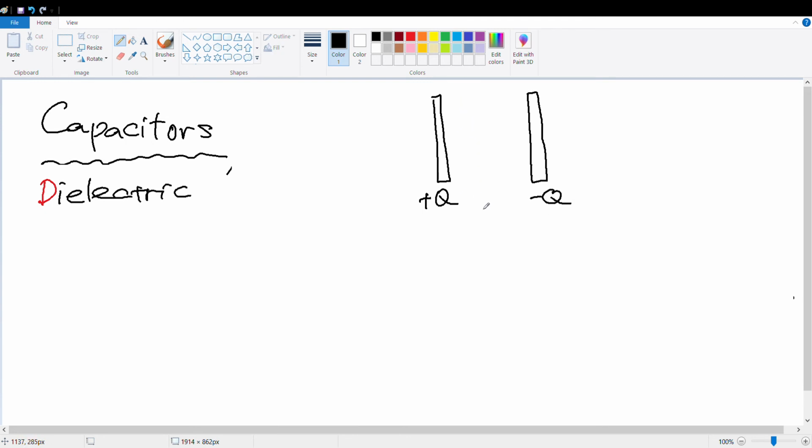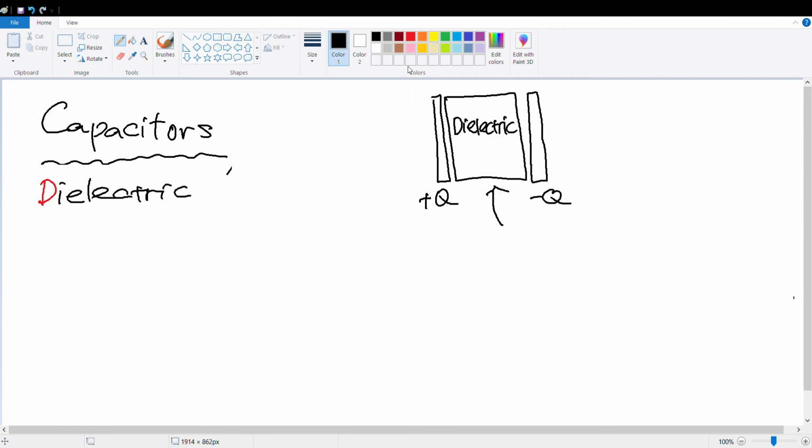So what about if I insert something inside these two plates? This something is what we call a dielectric. So the dielectric is inserted into the space which lies between these two plates.